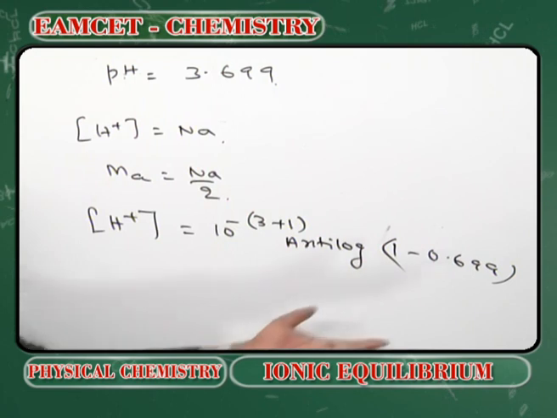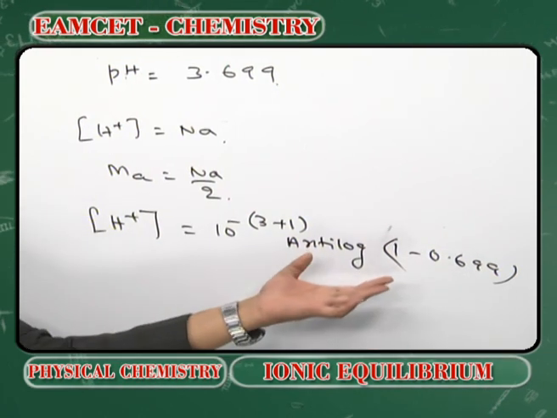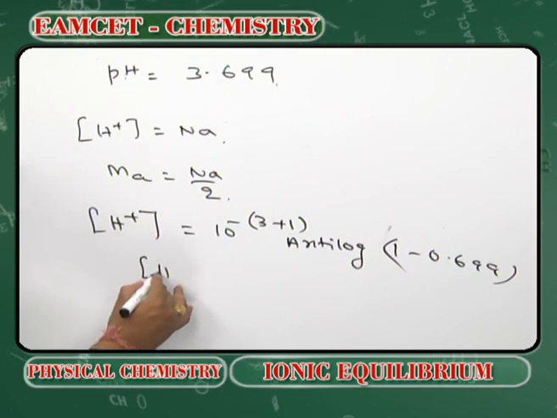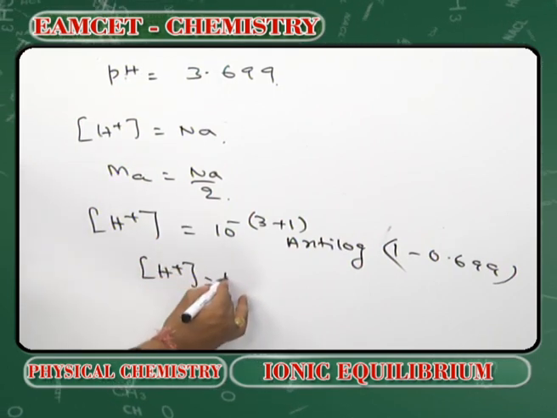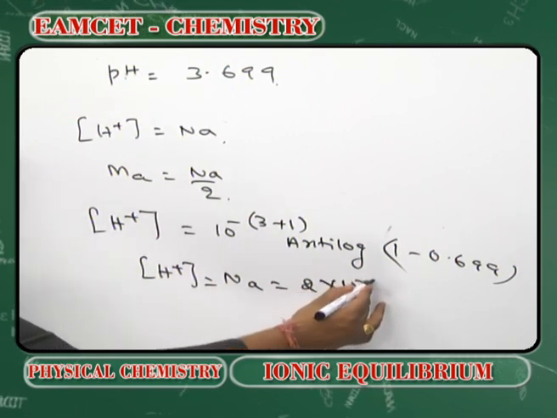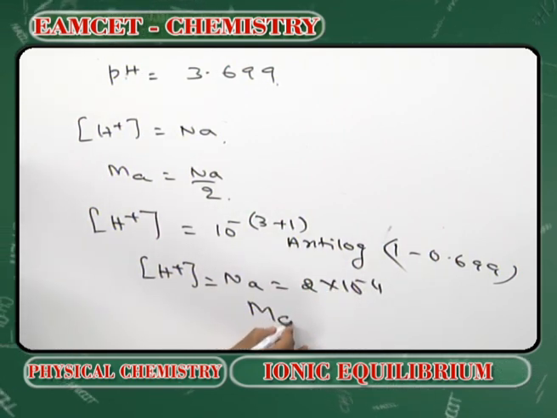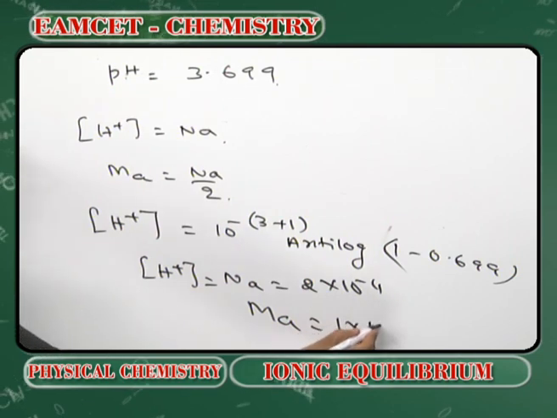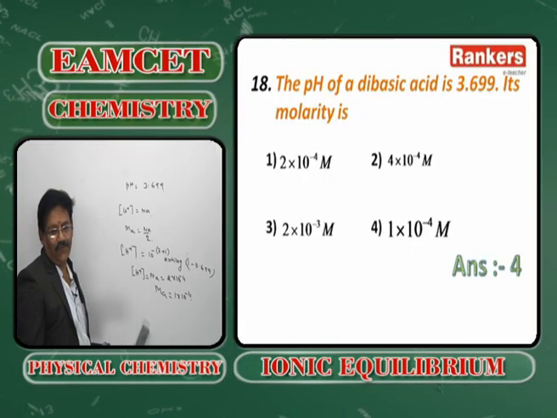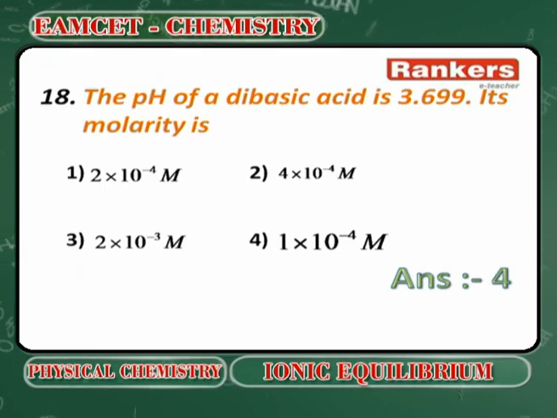So it will be 0.3, and the anti-log of 0.3 is 2. So the H+ ion concentration, that is the normality of the acid, is equal to 2 into 10 to the power minus 4, and the molarity will be 1 into 10 to the power minus 4. Option 4 is the answer.